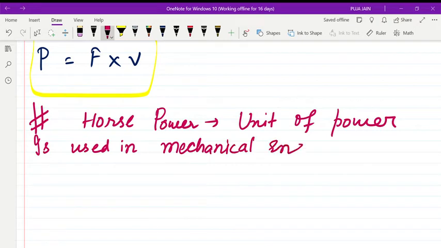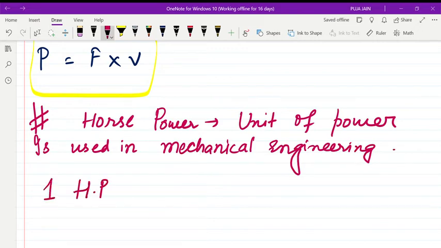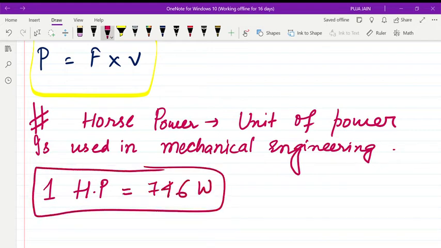Now what is the relation? 1 horsepower, it is abbreviated as HP, both in capital, is 746 watt. So 1 horsepower is equal to 746 watt. So this is also very important. In a question they will ask you to express power in terms of horsepower, then you will use this relation.